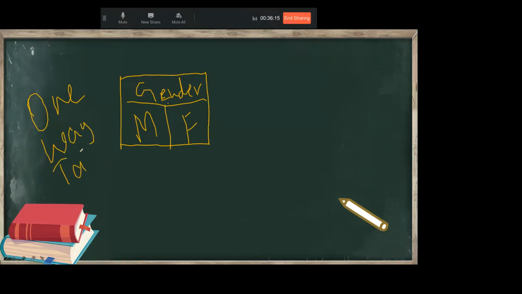Now, if we consider more than one variable, then we have to draw a two-way table. Let's say we add the job variable. So now we have gender, male and female.